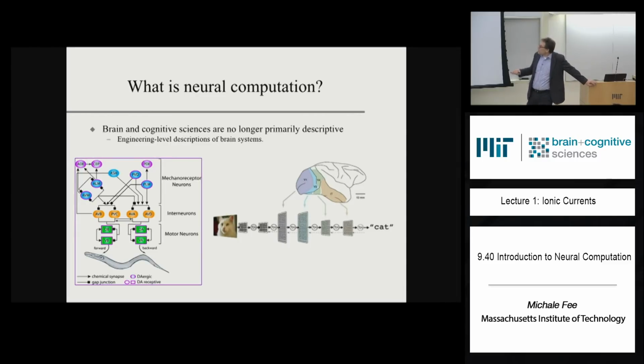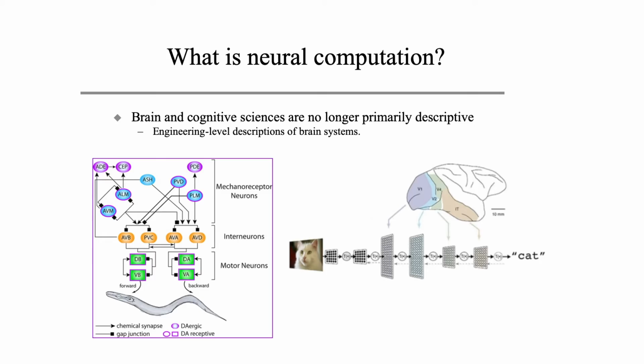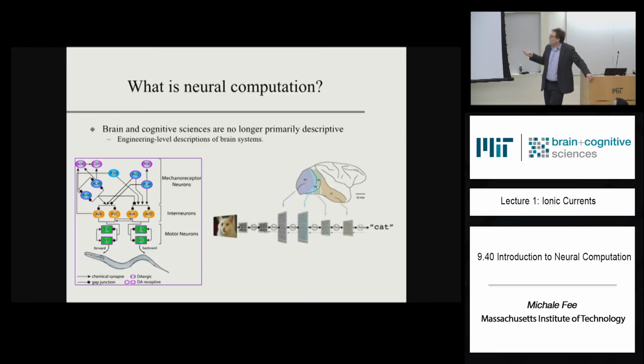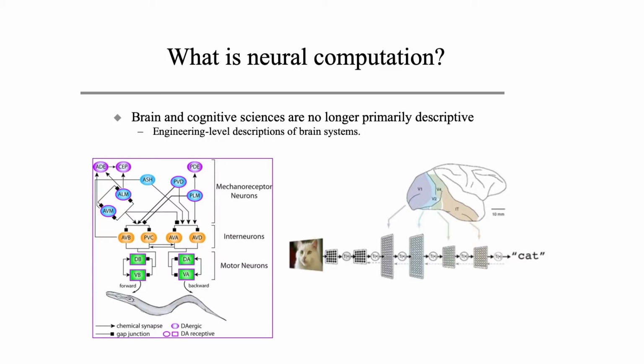For example, the level of description that my lab works at, and that I'm most excited about, is understanding how neurons are put together to make neural circuits that implement behaviors or produce, let's say, object recognition. This is a figure from Jim DiCarlo, who is our department head, basically a circuit-level description of how the brain goes from a visual stimulus to a recognition of what that object is in the stimulus.